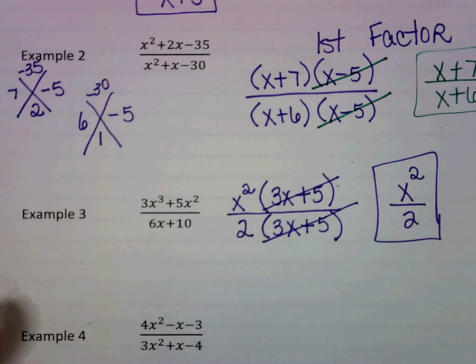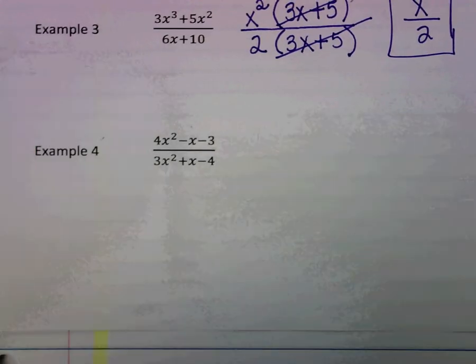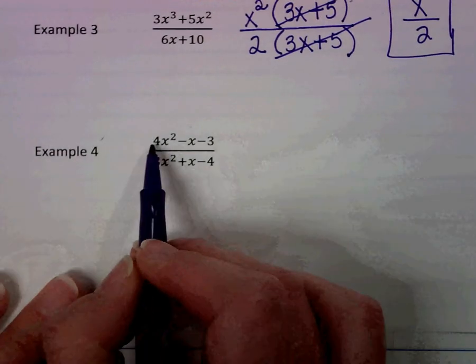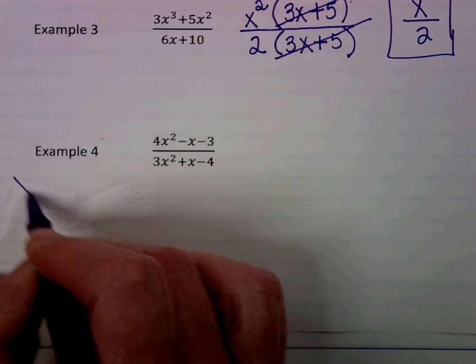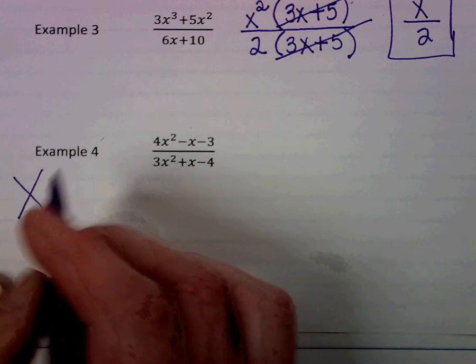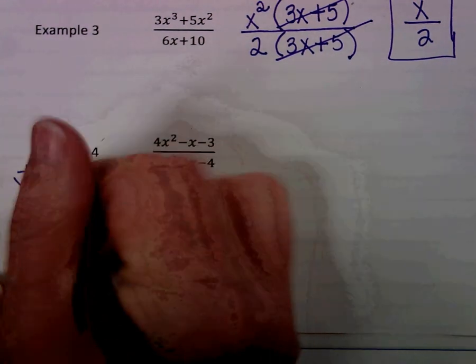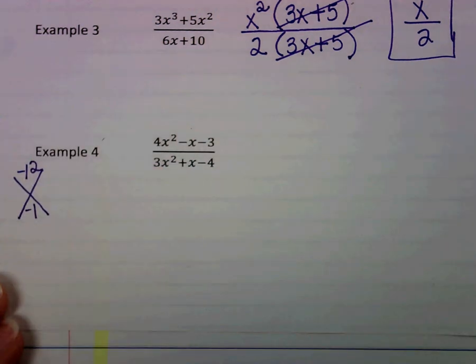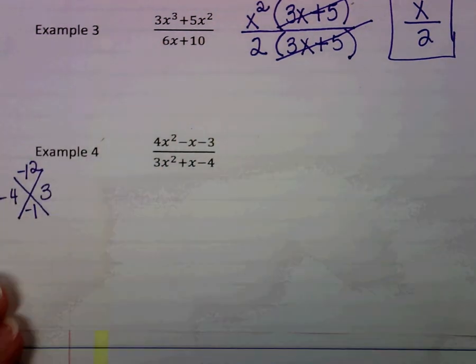Okay, example number 4 is a little bit tougher because it's going to take a little more effort to factor this. Our a values are something other than 1, so we're going to have to use your box method or use your regrouping. For the numerator, we have negative 12 and negative 1. Those factors would be negative 4 and 3.